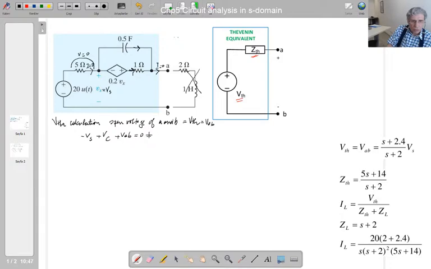So from this, VAB is equal to Vs minus Vc. So Vs is the source, isn't it? So the source is known, so I am going to keep it as it is. What I am going to calculate is the capacitor voltage. If I can calculate the capacitor voltage in terms of Vs, that means I can find that VAB.